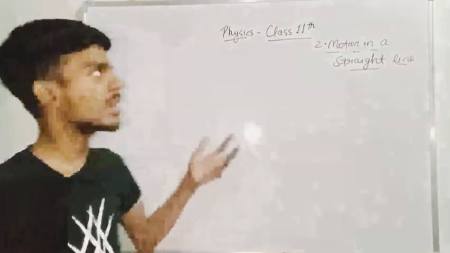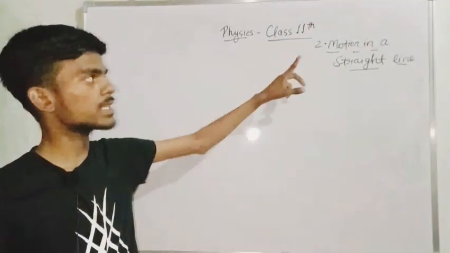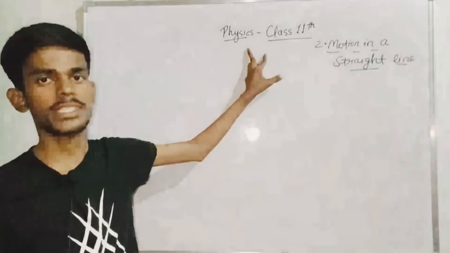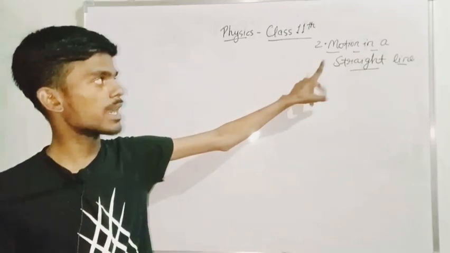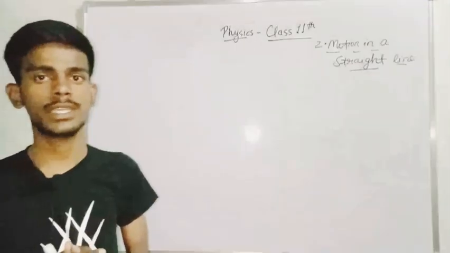In this video we are covering your NCERT class 11th physics chapter number 2, which is named Motion in a Straight Line.